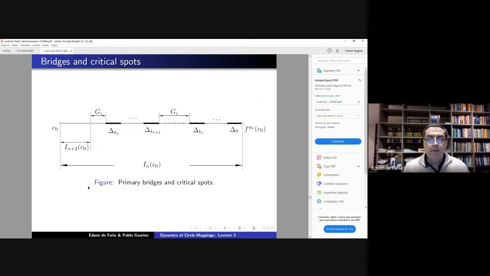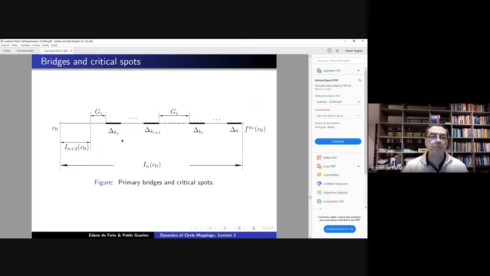Now, the intervals that you see in the thick black lines here are the critical spots. Delta sub 0, I'm thinking of it as a critical spot, maybe delta sub k sub i, delta sub k sub i plus 1, and so on.